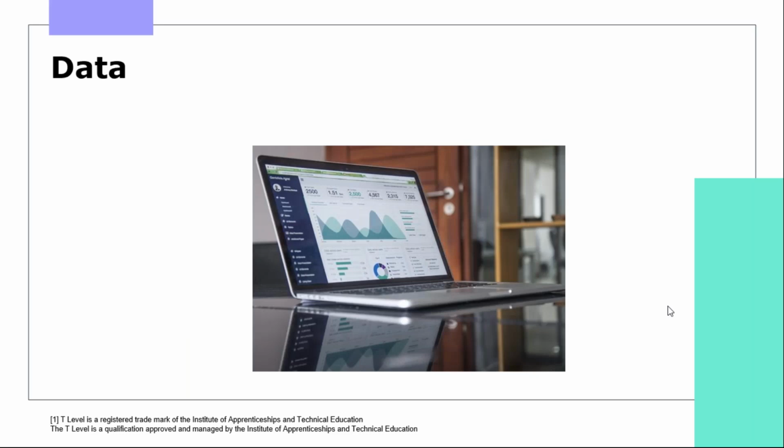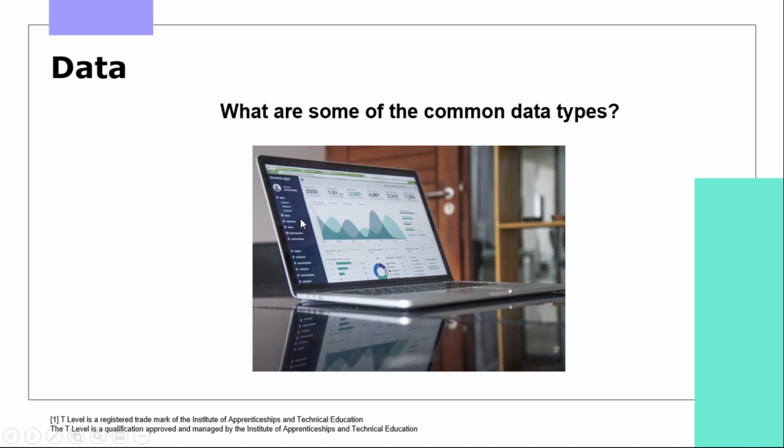So as we know, data can be stored in a range of different formats and structures to ensure that the stored data is organised and accessible for the end users. So if we start off with a quick question: what are some of the common data types? If you could please use the question box to put your answers in.